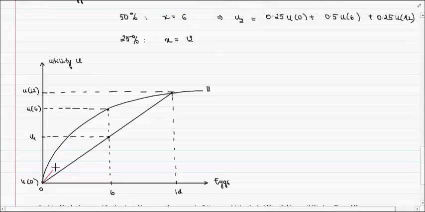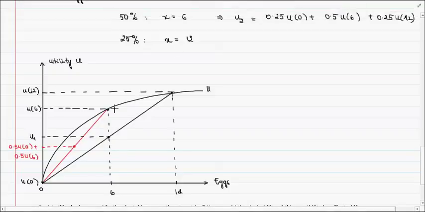Now if I take the midpoint between u0 and u6, so if I connect these 2 points together and I get a midpoint of those, which is over here, okay, so at this point over here, the utility at this point is going to be just half of u0 plus half of u6.